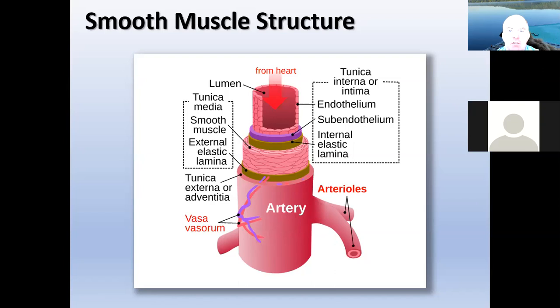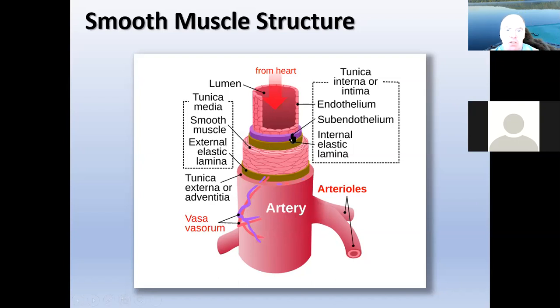So these endothelial cells are both protecting the smooth muscle from what's in the blood and also signaling the smooth muscle in terms of contraction and relaxation. It gives off a contracting factor and a relaxing factor. So it's very important in controlling artery diameter.